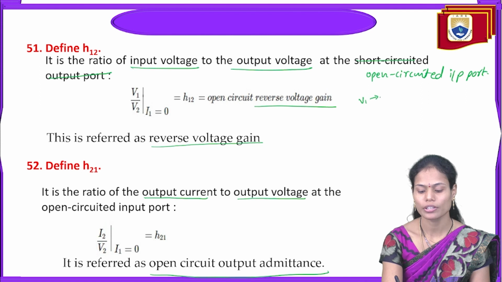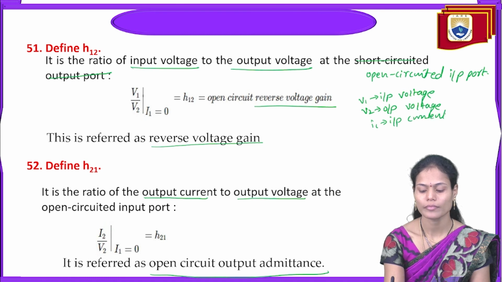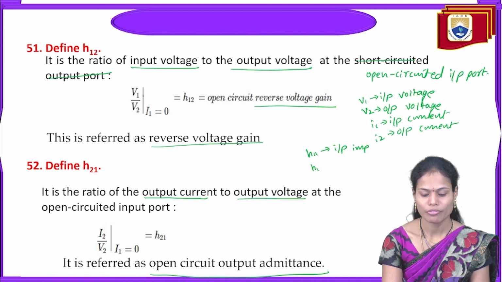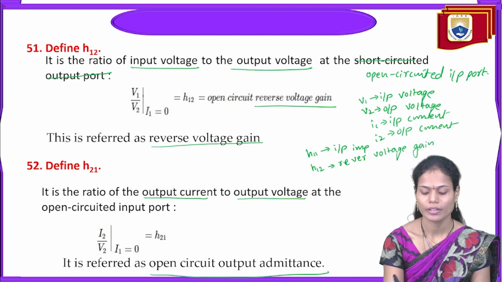So here V1 is the input voltage, V2 is the output voltage, I1 is the input current, I2 is the output current, and H11 is the input impedance, H12 is the reverse voltage gain, H21 is the forward current gain, and H22 is the output admittance.